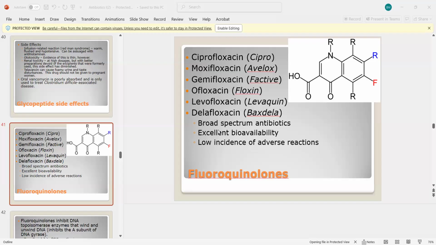Sarecycline is used topically for acne. There's also omadacycline. Omadacycline is new and it's very broad spectrum. It is used for massive GI infections.